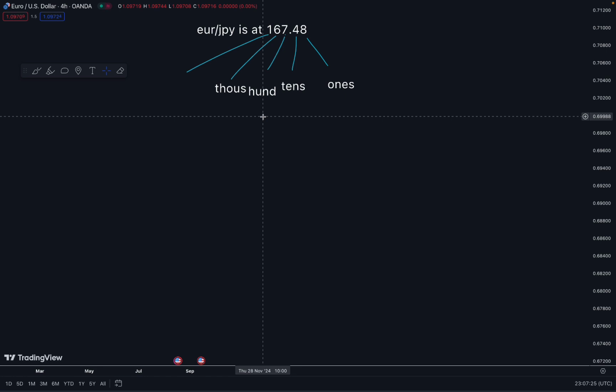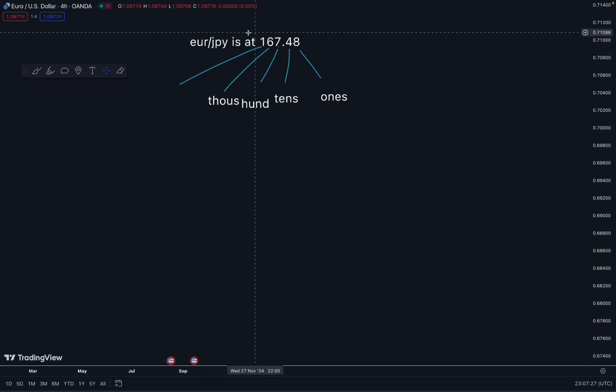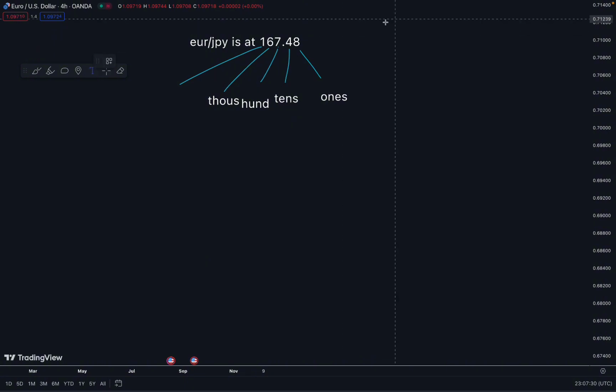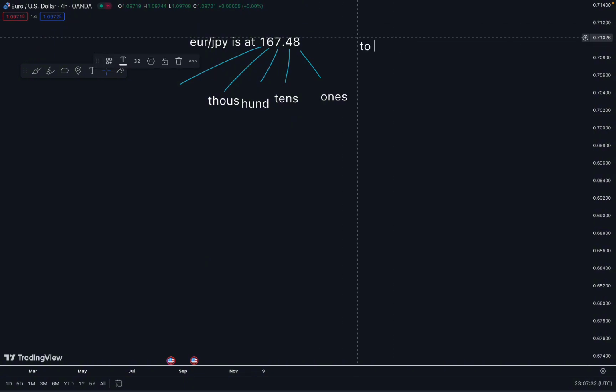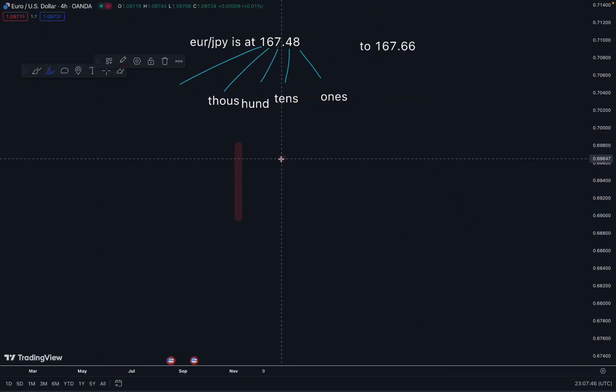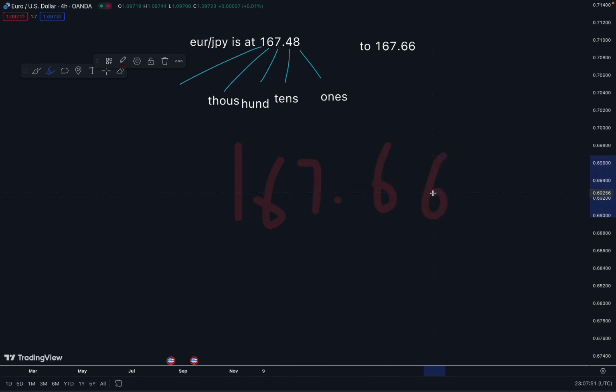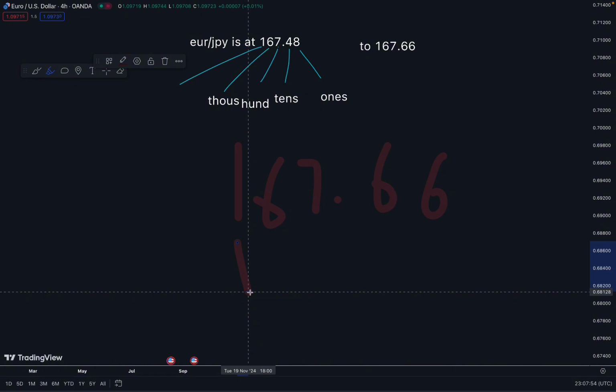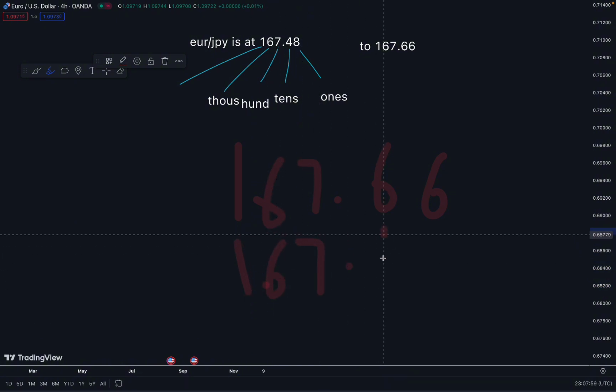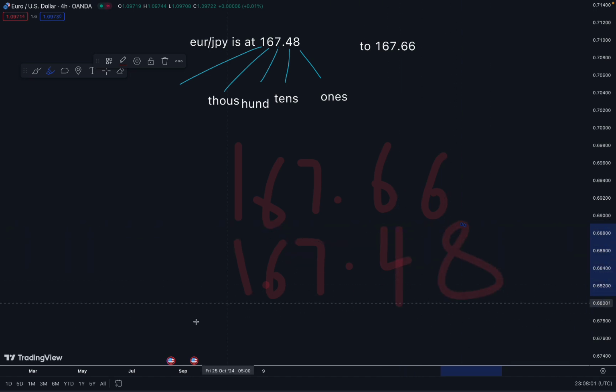Imagine this price moved to 167.66. We subtract the smaller number from the bigger number: 167.66 minus 167.48.